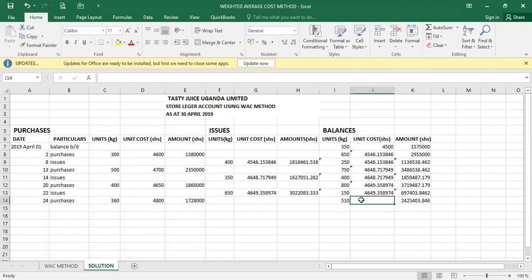Then the unit cost will be this divided by this, because what we want here is only this column. This column is the one that makes us get the cost that we are going to use when we are issuing out the stock. And that's what we need.